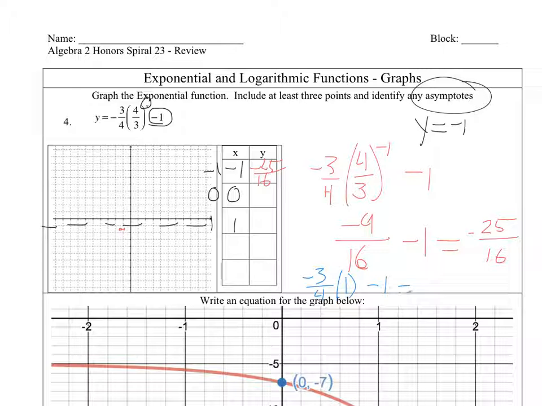Minus 1 would be negative 7/4, which is not quite negative 2. And then if I plug in 1, we're looking at negative 3/4 times 4/3 minus 1, which is negative 2. This graph would be something like this in terms of shape.